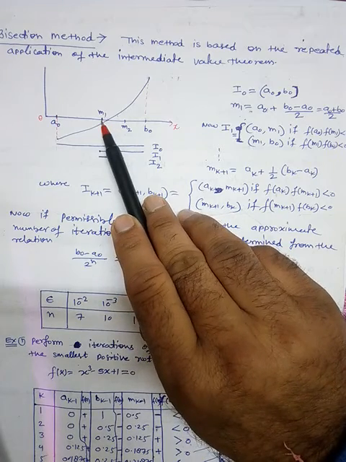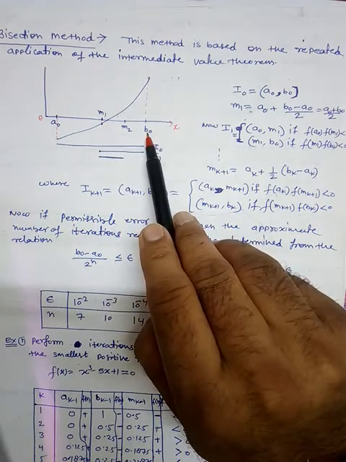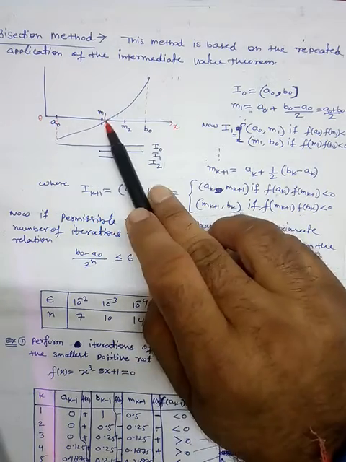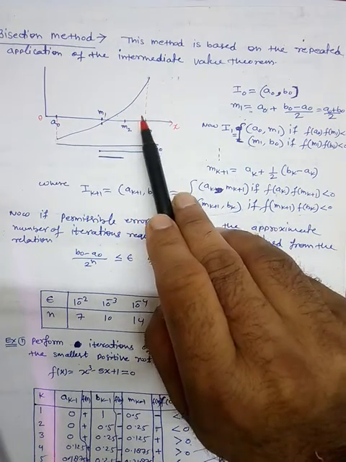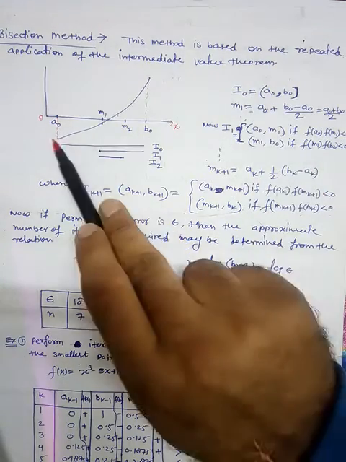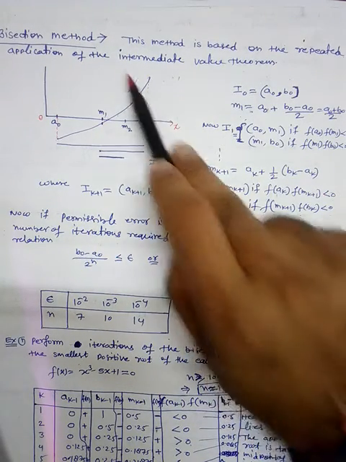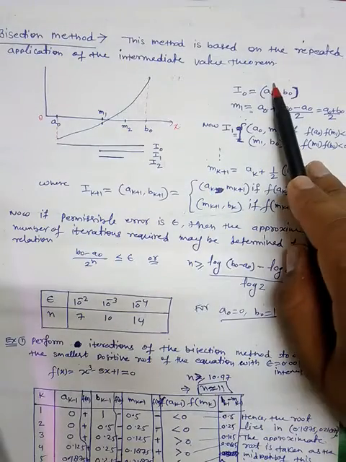Now we have two intervals, a0 m1 and m1 b0. The aim is to select a suitable interval so that we can again apply the intermediate value theorem in the subinterval, either a0 m1 or m1 b0. What is the mandatory condition for the intermediate value theorem?